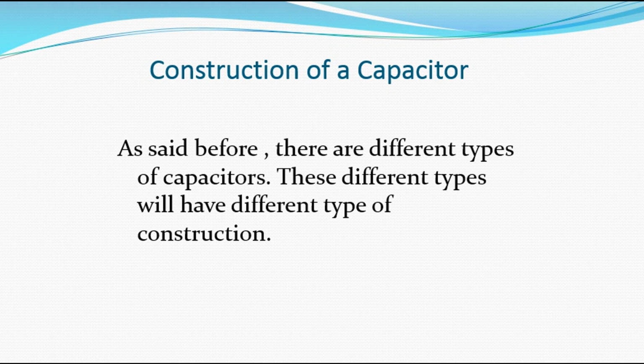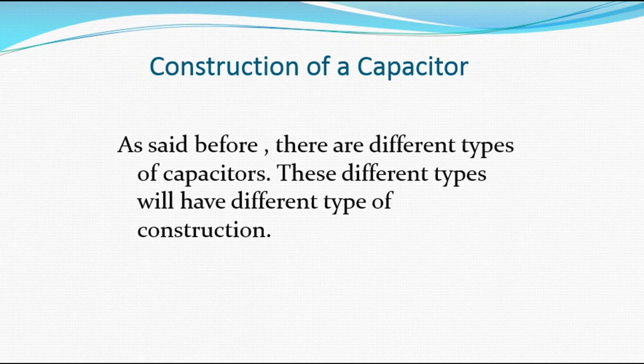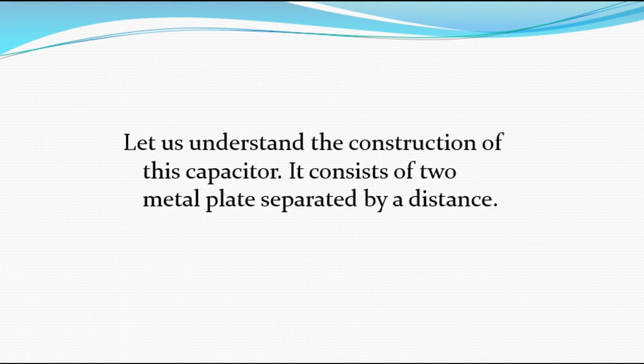But we have different reasoning, different pictures, different destiny, and different behavior altogether. That is the same thing applicable to capacitors. They have a general name called capacitor, but there are different types of capacitor and different constructions as well.